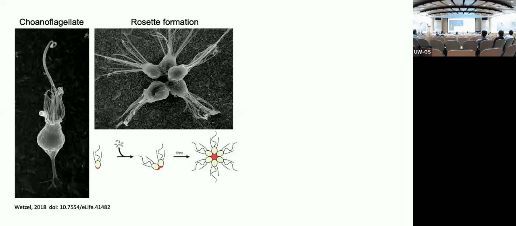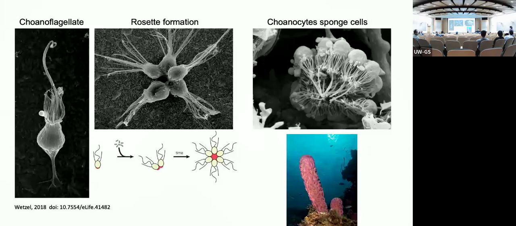One thing that I think is almost astonishing and kind of unbelievable is that in a sponge, which is a multicellular organism, in the cavity of the sponge, there are cell types called choanocytes, and these line the cavity and facilitate feeding, and they look remarkably similar to these choanoflagellates.